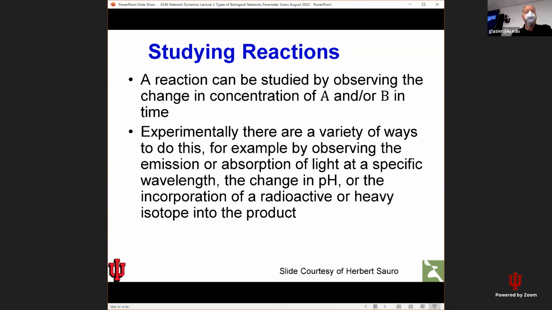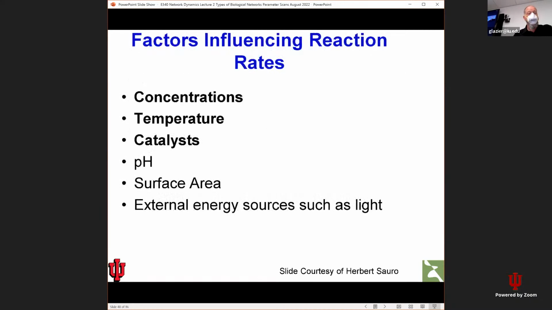I'm going to skip some of these slides. These are slides from Herbert Sauro originally, and these are done out in the textbook in some detail, talking a little bit about how you can study rates and measure them. The point here, which I think is worth mentioning, is that we're typically going to write rates as if they depend only on concentrations.